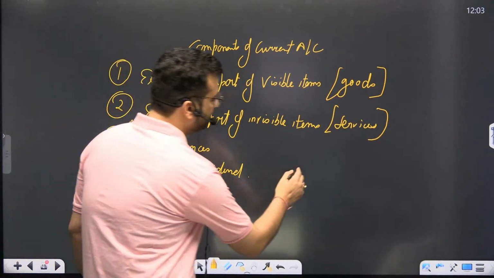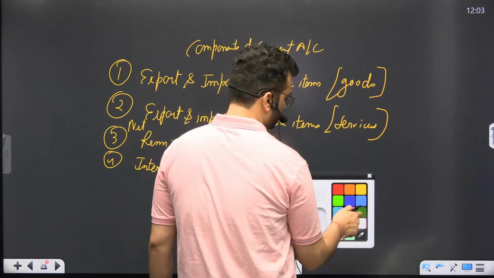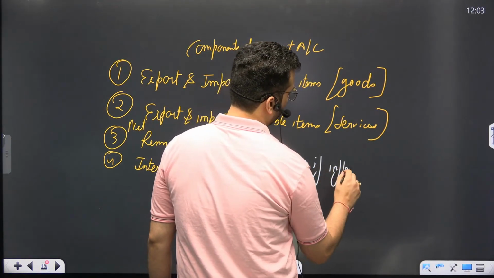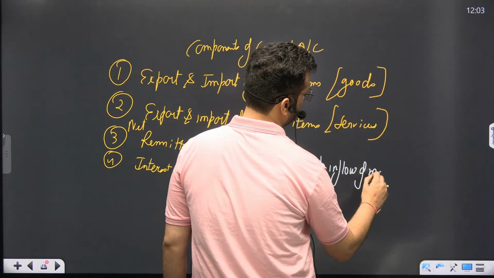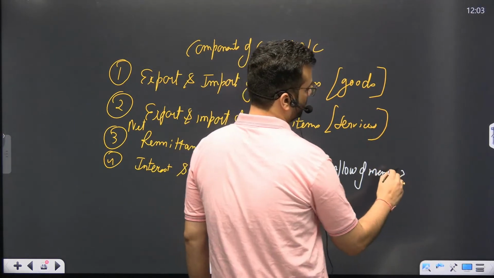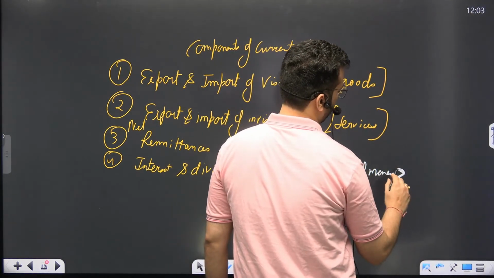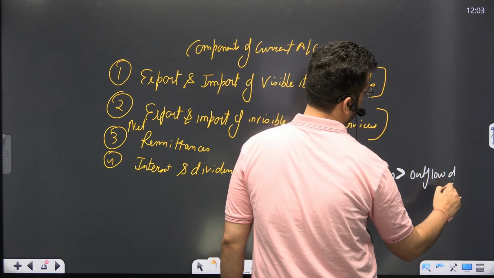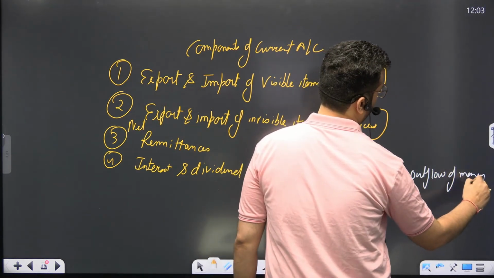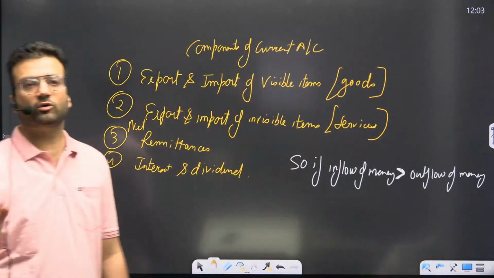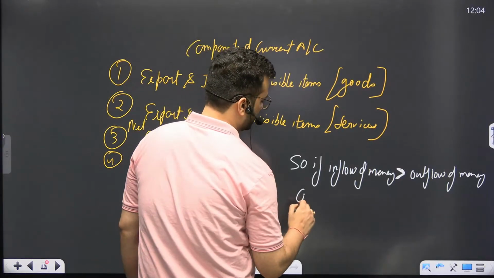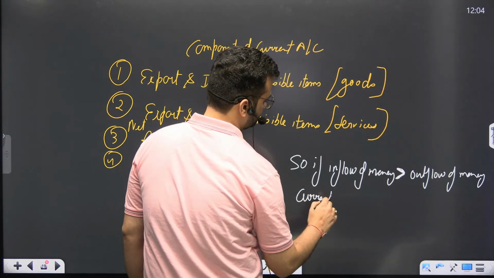So if inflow of money is more than outflow of money, then we can say current account surplus.